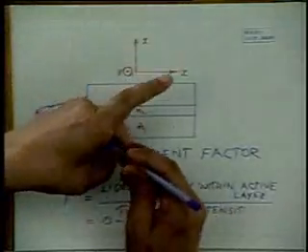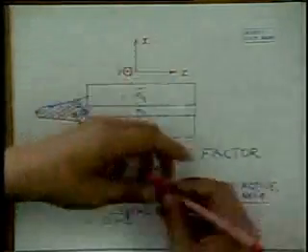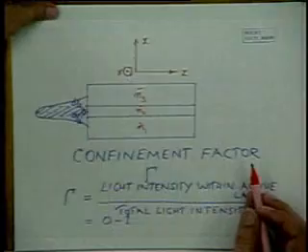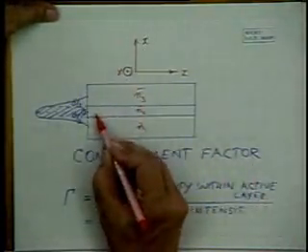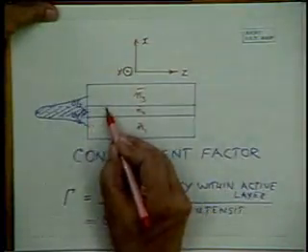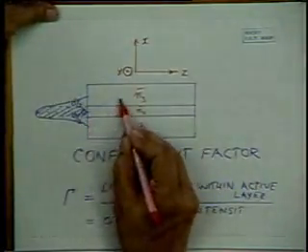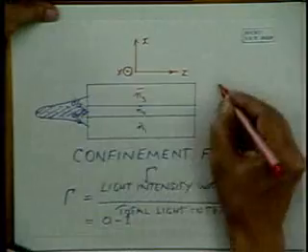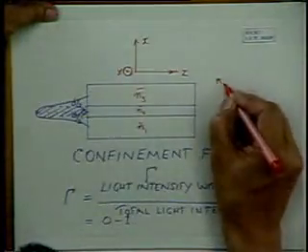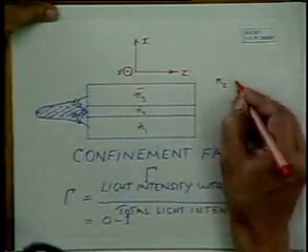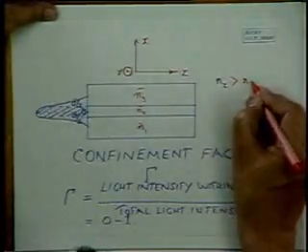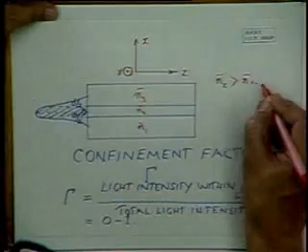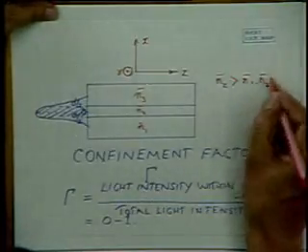Now, for the sake of waveguiding, from the point of view of geometrical optics, we know that light will be reflected if the angle of incidence satisfies this relation, that N2 is greater than N1 and N3, which may be equal or different.